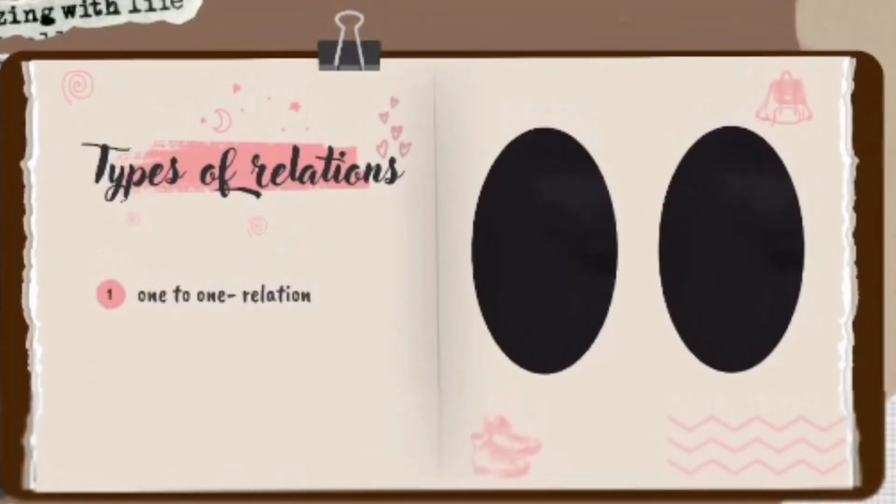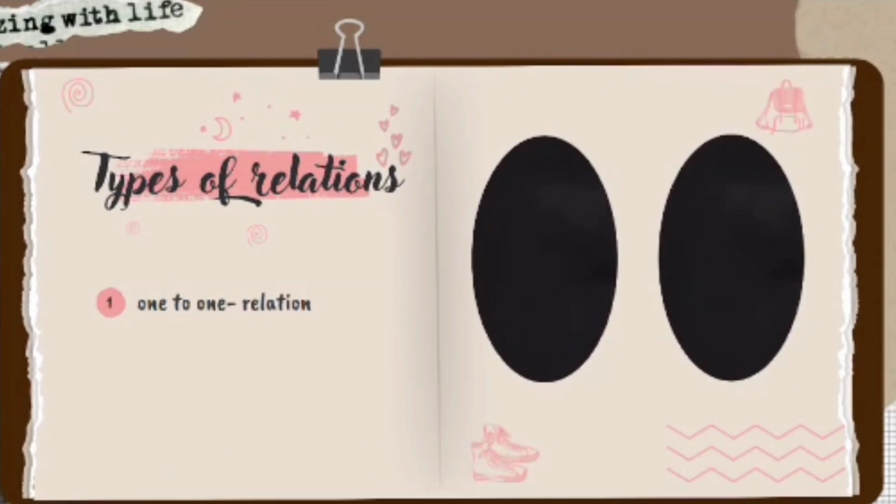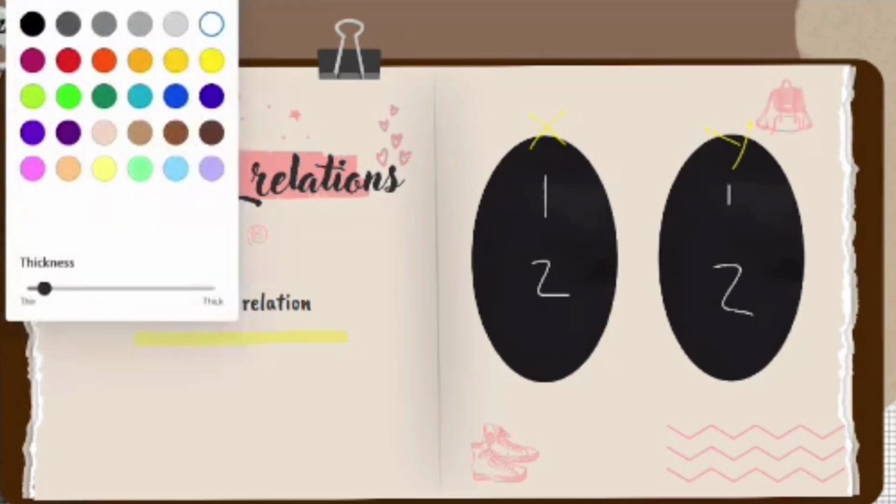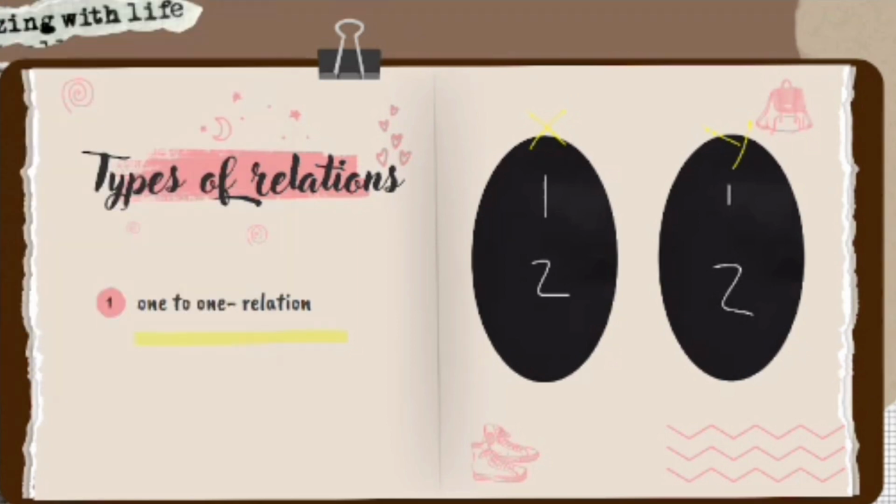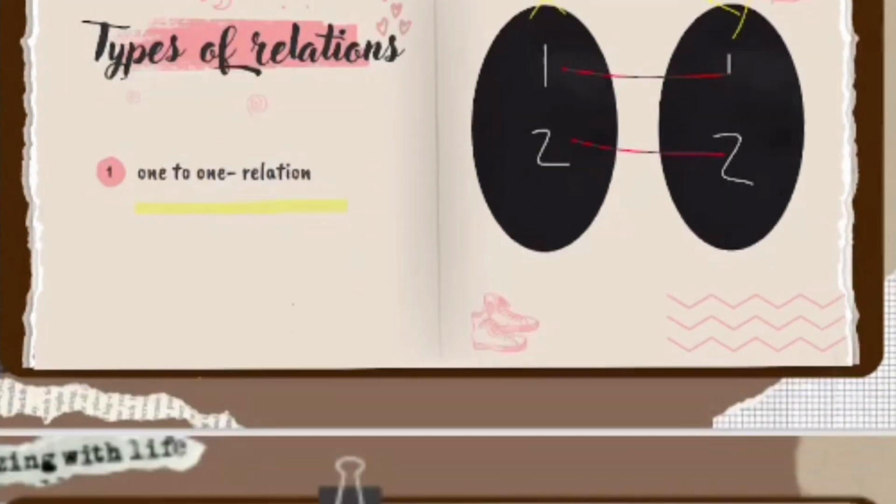Next, types of relations. The first one is the one-to-one relation. In a one-to-one relation, if you have a set of values for x and a set of values for y, one x corresponds to one y.